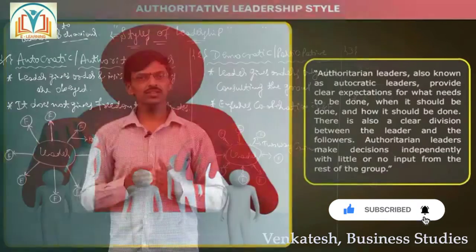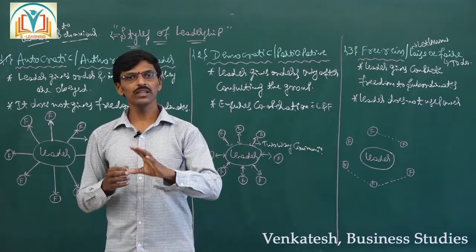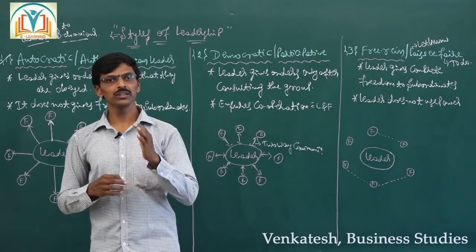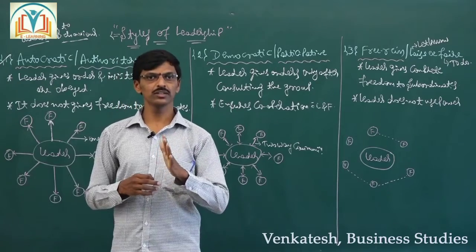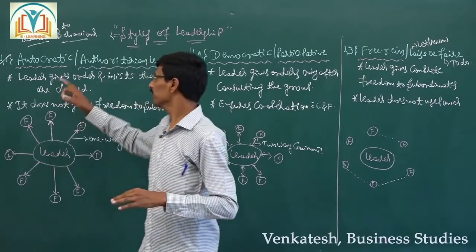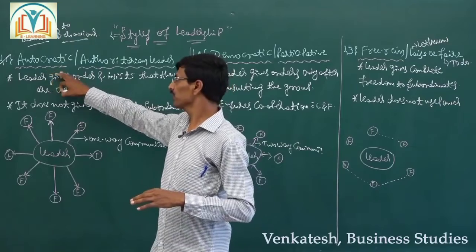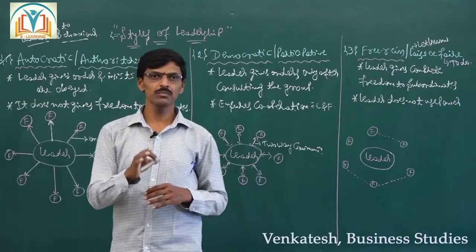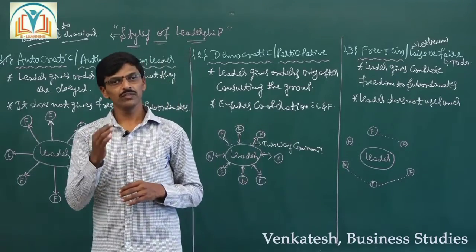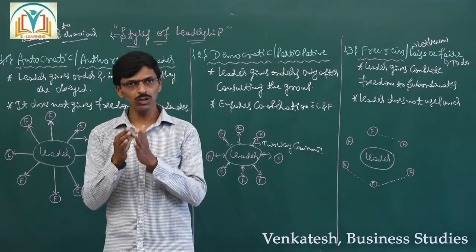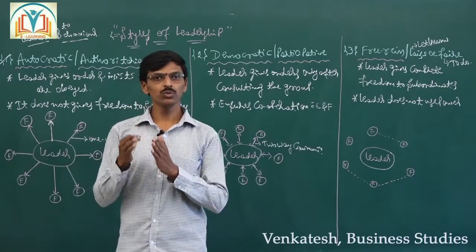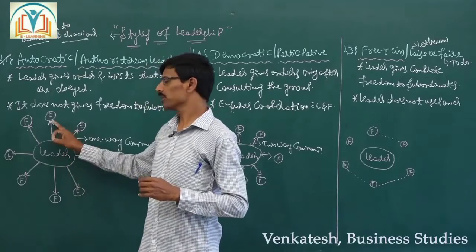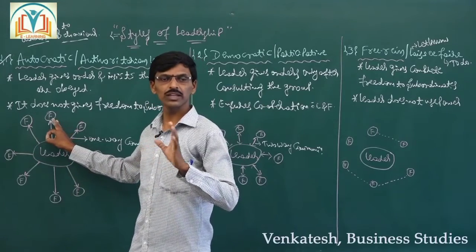What the leader says, they must obey, and the followers must complete the work or task. That is the concept that can be observed in autocratic leadership. The followers know what to do, but they don't know why to do it. What the leader says, that work is to be done by the followers only.